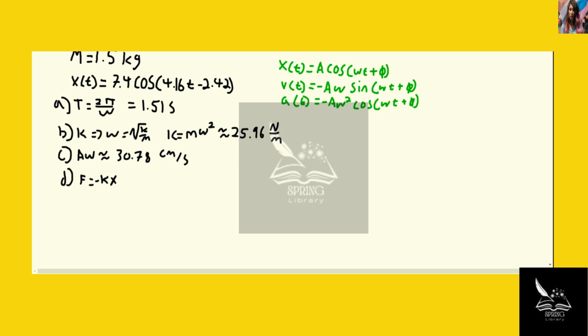The important part of this, though, is that 7.4 is in centimeters, and we want it in meters. So you have to drop down a couple decimal places. But once you do that, you end up with 1.92 newtons. If you forget to change from centimeters to meters, you wouldn't be in newtons, which is important to remember and important to look at.